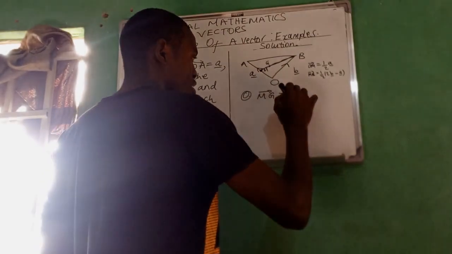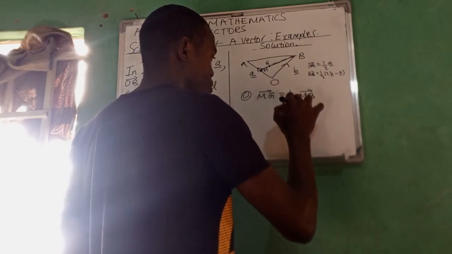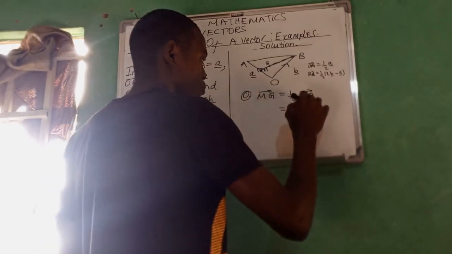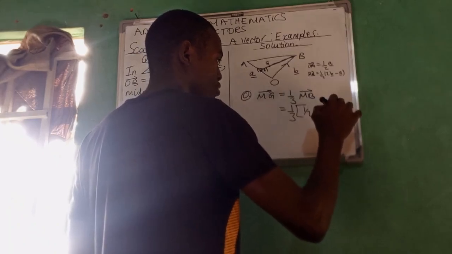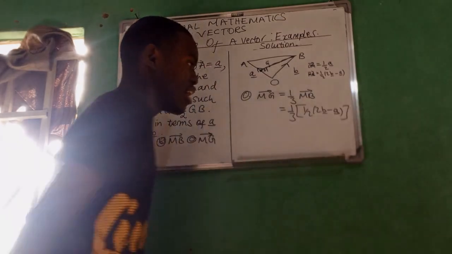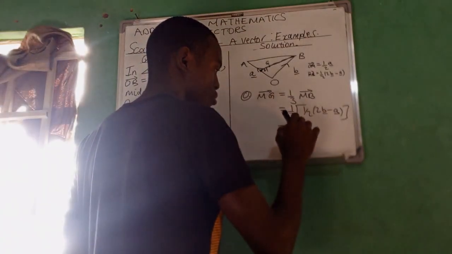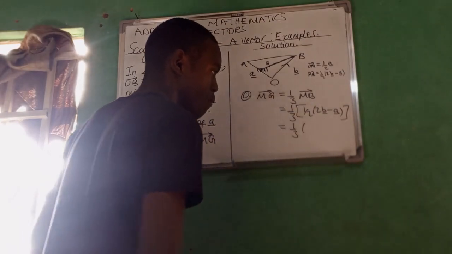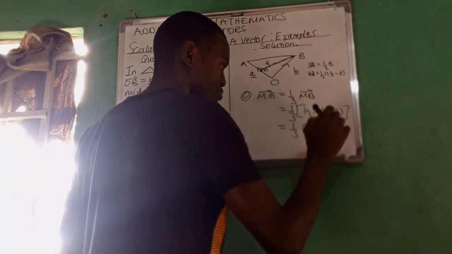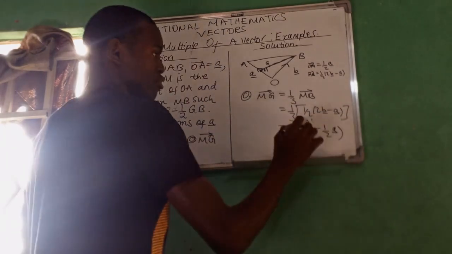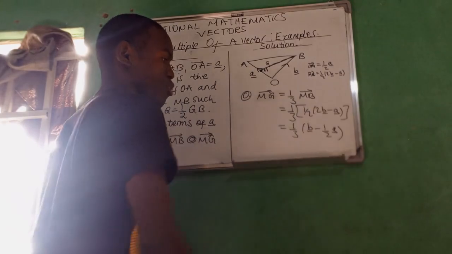It is equal to 1/3 of MB, which is 1/3 of half of 2B minus A. When we distribute the bracket, it would be B minus half of A, since half times 2 is 1, and half times 1 is 1/2.